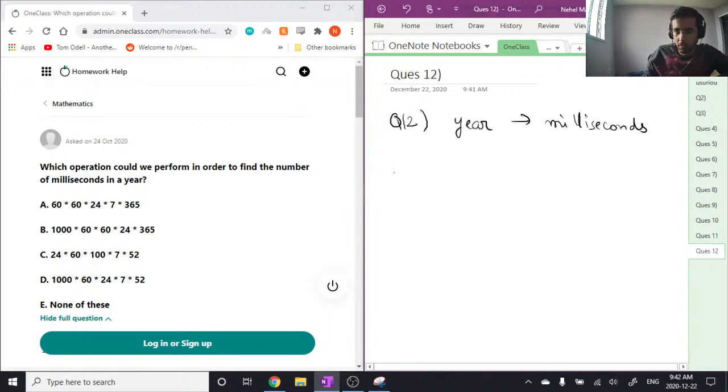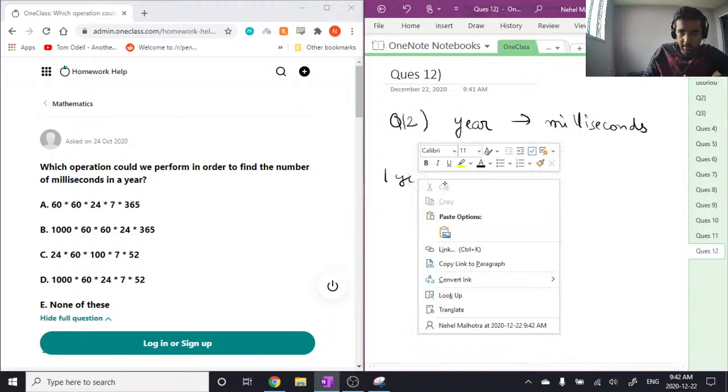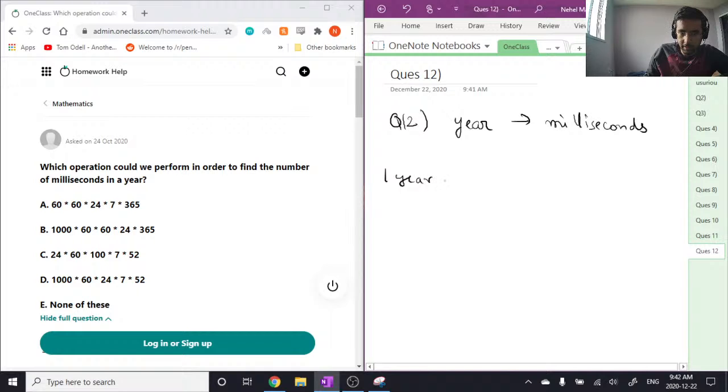So what I can do is I will do it in the units form. We type 1 year, and I will have to multiply this number by a factor such that we can go from 1 year to days. So I know that in 1 year there are 365 days.